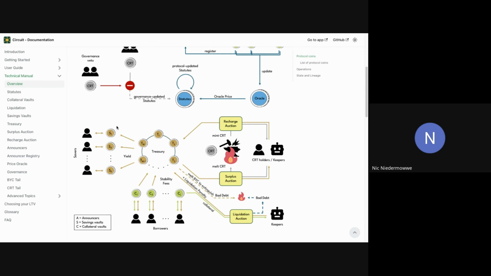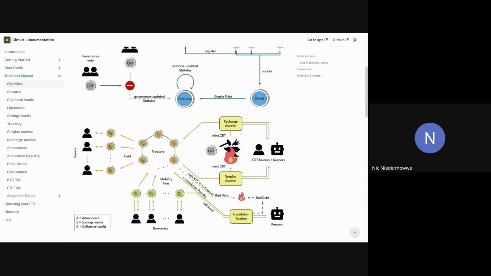The interest paid to savers is raised in the form of stability fees, so basically interest rates charged to borrowers. And in between sits the treasury. That's where the protocol accumulates any surplus it makes between the stability fees it charges to borrowers and the yield it pays out to savers.